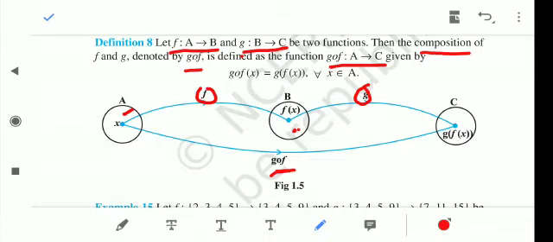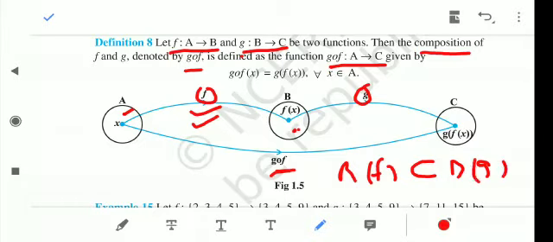Once again, this point must be made very clear: the range of function f must be a subset of the domain of function g. This is the first and foremost condition. Then and only then can we define the composition gof.